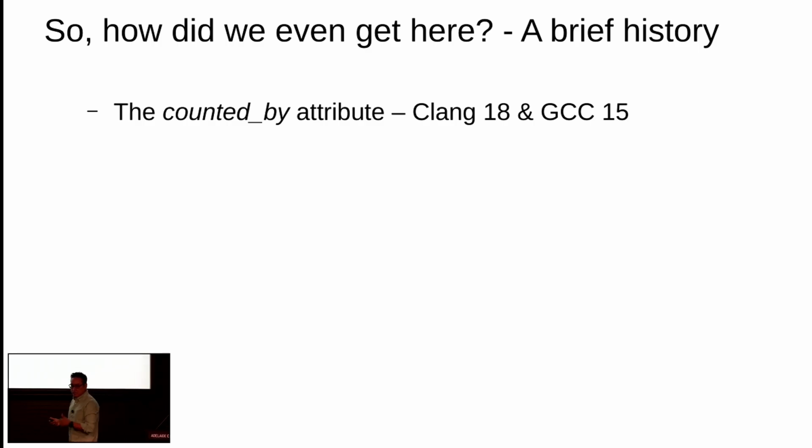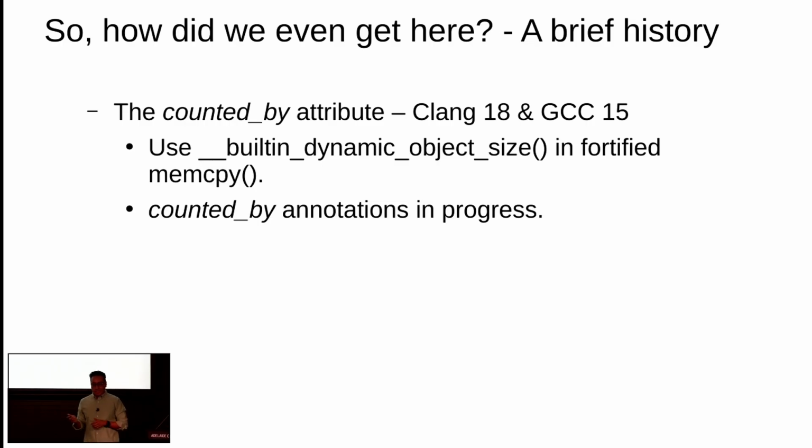Then, in recent times, the counted by attribute was implemented. This was released in Clang 18 and is currently under development in GCC. It's about to be released in the coming version of GCC. This counted by attribute is useful because now we have a way to tell the compiler where it should look for the number of elements, and with that information, calculate the size of flexible array members at runtime.